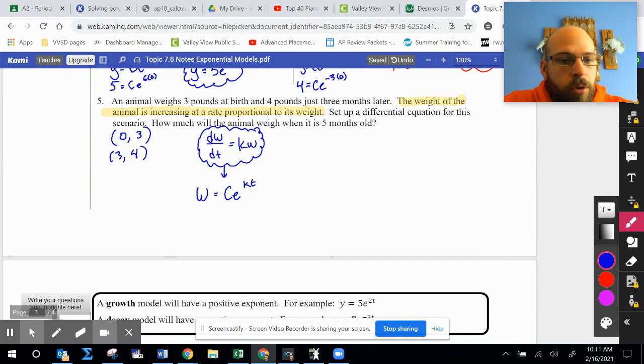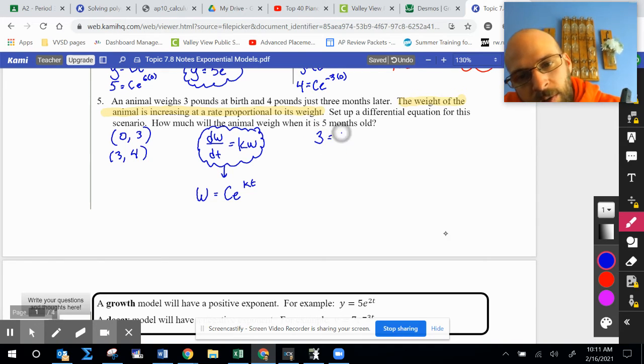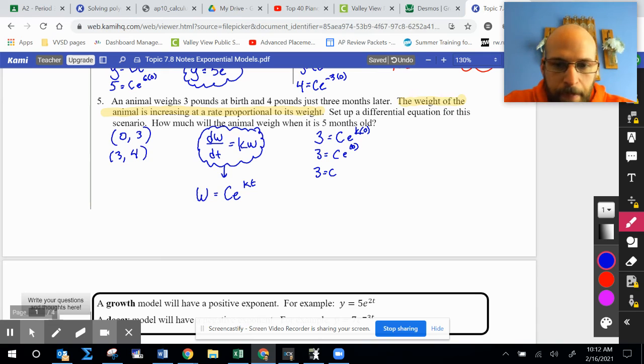And I know 2 points. So I'm going to say 3 equals c e to the k times 0, or 3 equals c e to the 0 power, which in this case is just c, right?